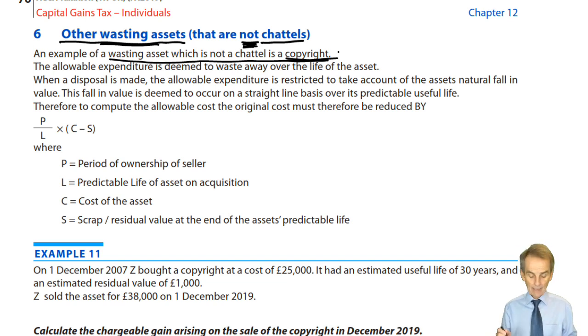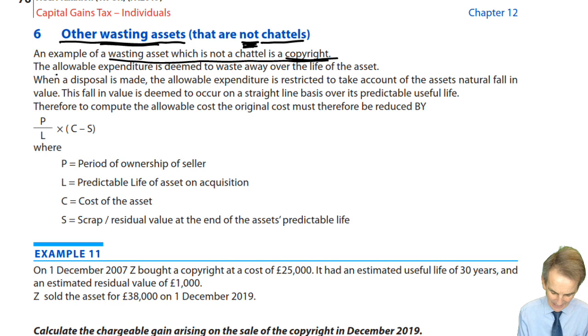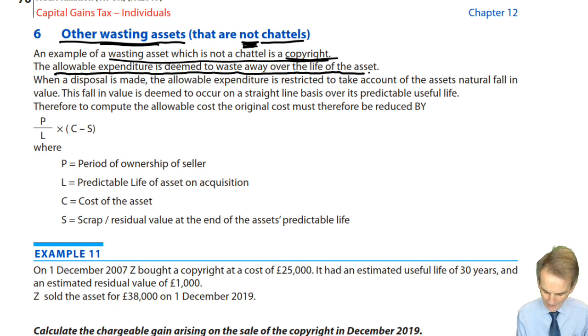So what do they have now? The requirement in this situation, when dealing with a wasting asset that is not a chattel, like a copyright, is that the allowable expenditure is deemed to waste away over the life of the asset.